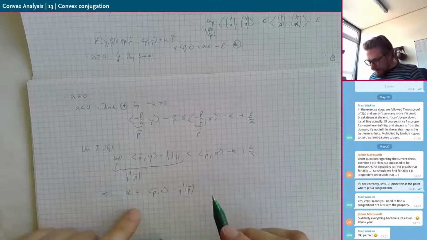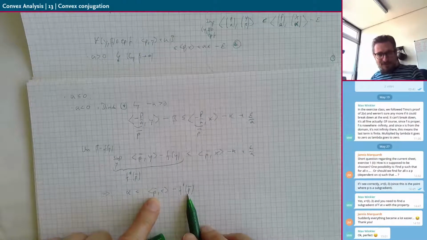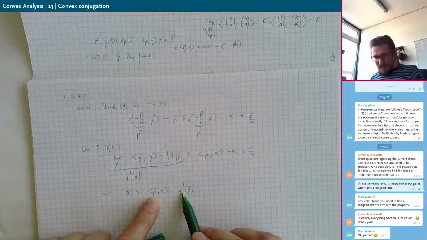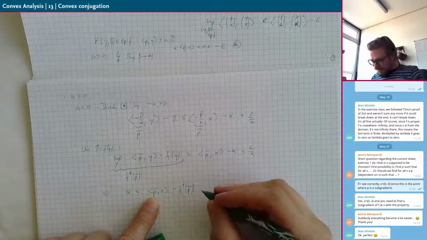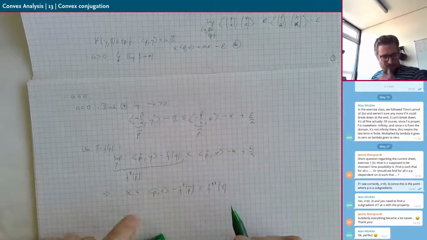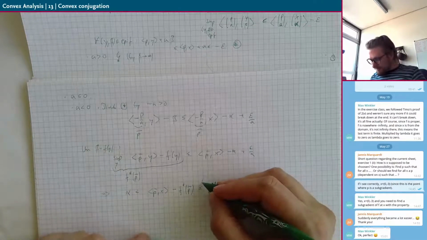Taking the supremum over p bar would give the conjugate of f star at x. So the biconjugate of f at x is actually an upper bound. Okay, so this is the Fenchel inequality.